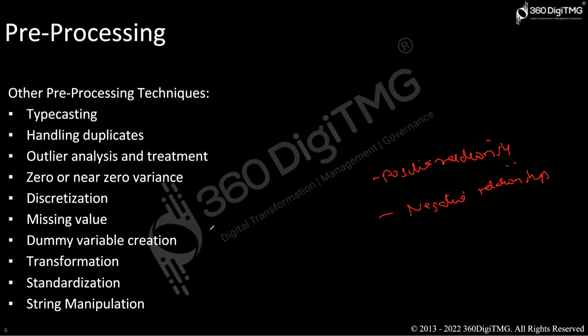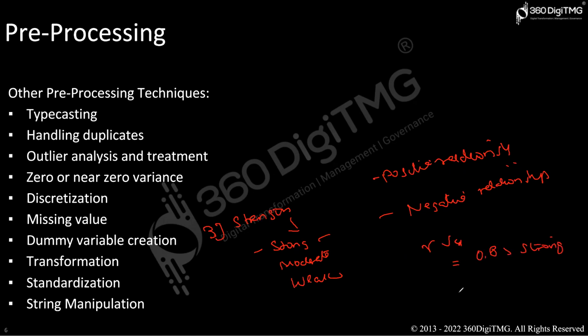The third thing we are talking about is strength. Strength means strong, moderate, and weak. What is a strong correlation? We have the R value. If the R value is above 0.85, it's strong. A value between 0.4 and 0.85 is called moderate.